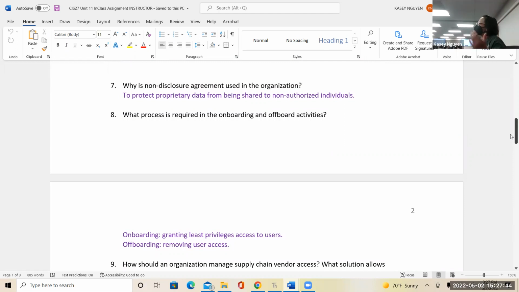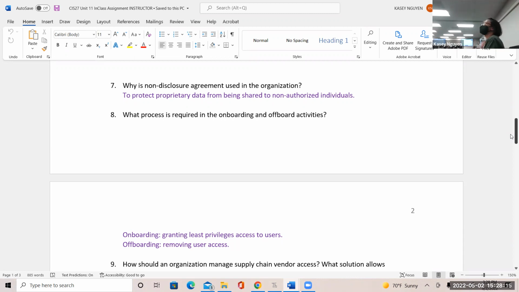When I say privilege, that means their rights to a certain system or system resources. For example, a privilege can be that I cannot shut down the computer. I can only use the computer but cannot shut it down. Or I cannot install any application on that computer.